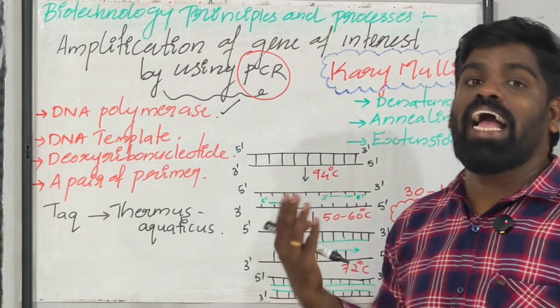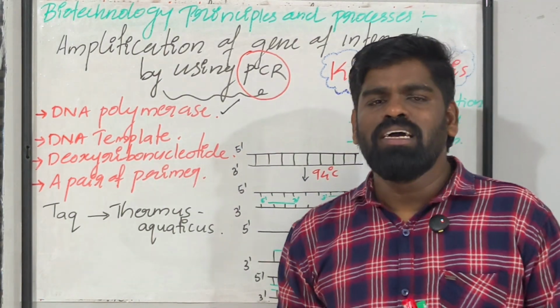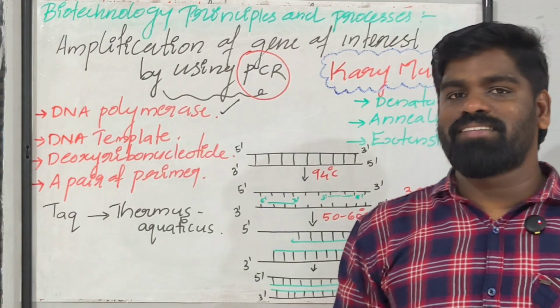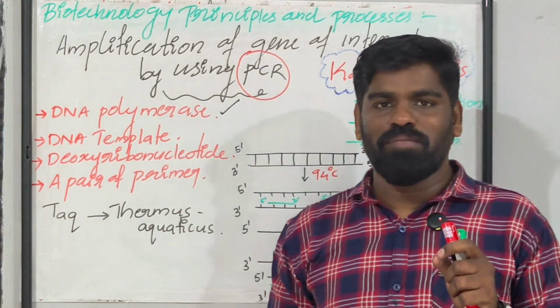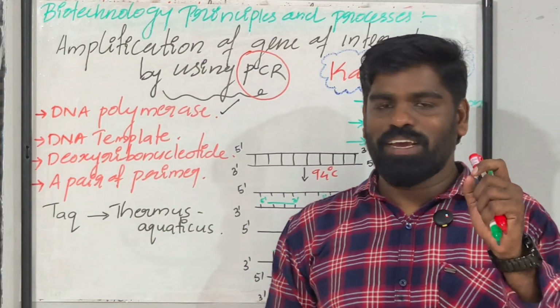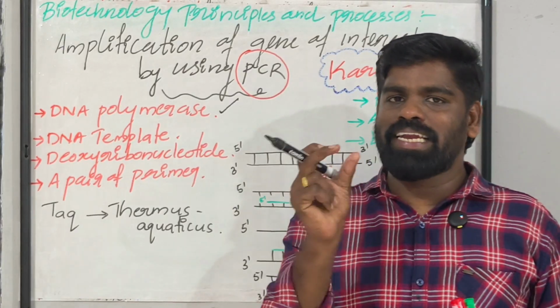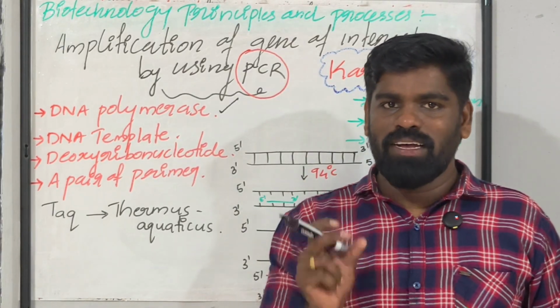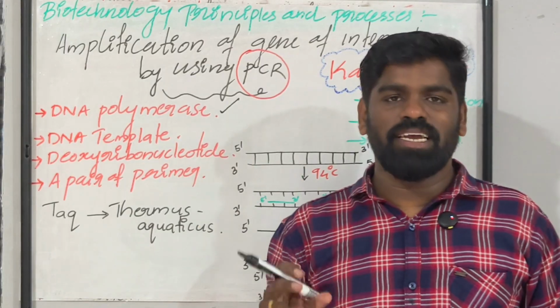So what do you mean by amplification? Last class we were discussing gel electrophoresis. I hope you remember the topic. In gel electrophoresis, I told you that we are separating the gene of interest, the gene which is required for recombinant DNA technology.